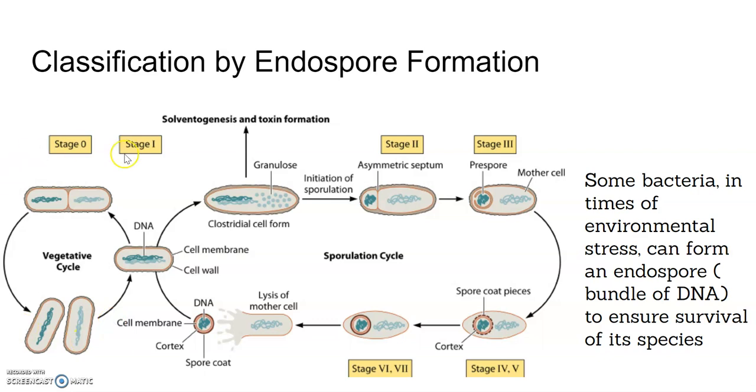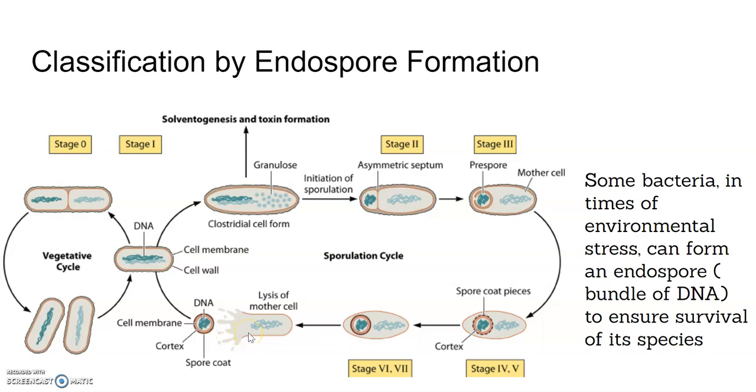So this is their normal stage. In times of stress, they will enter this cycle to shed all of the unnecessary parts just to become a protein coat and a ball of DNA. This ensures the survival of the species' DNA in times of stress.